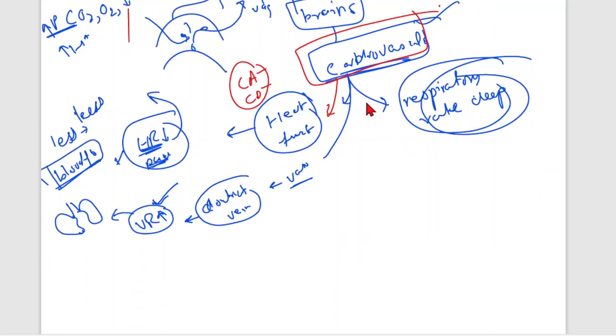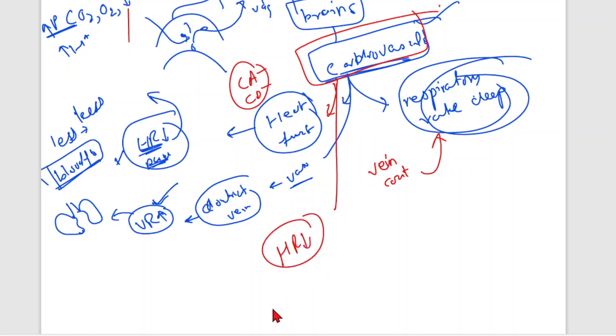One is vasoconstriction, so more blood goes toward the lungs. Another is that the heart rate decreases, so less blood moves toward the body and periphery, and less carbon dioxide is produced.